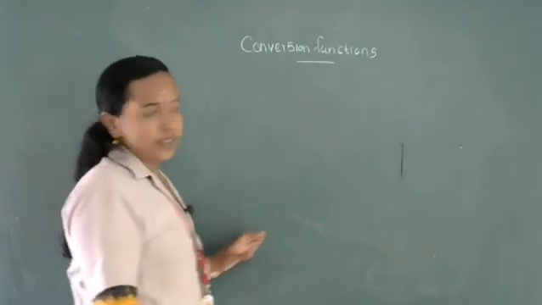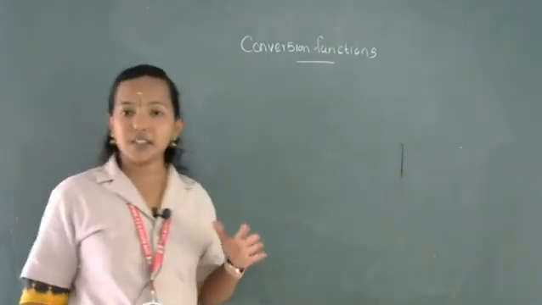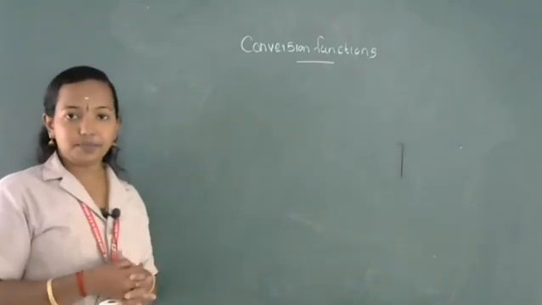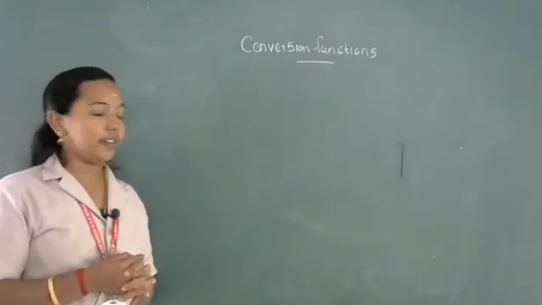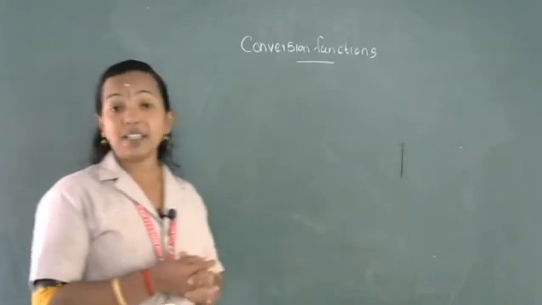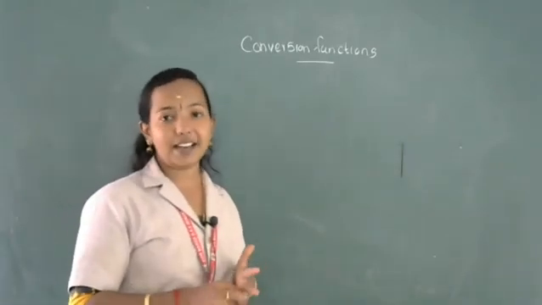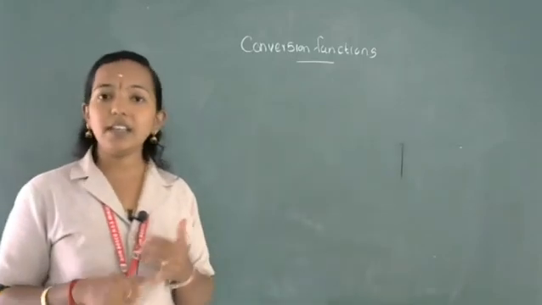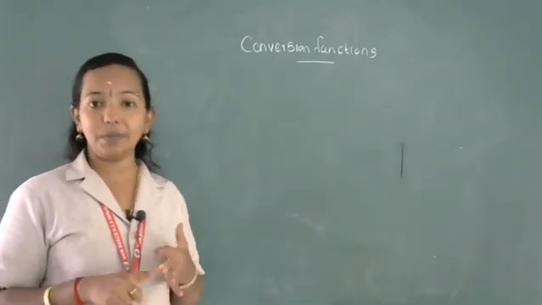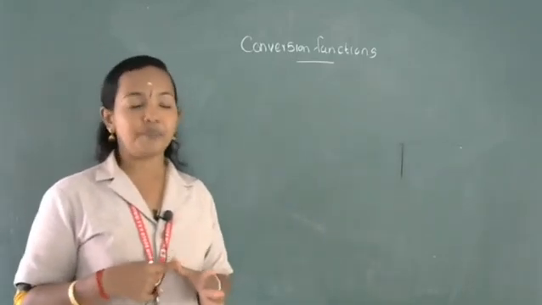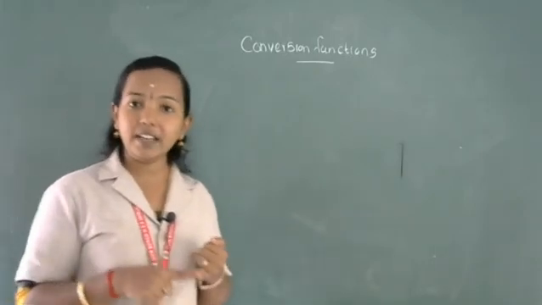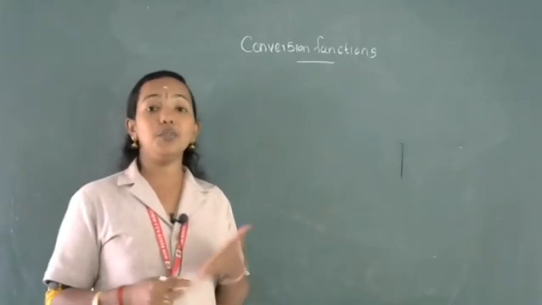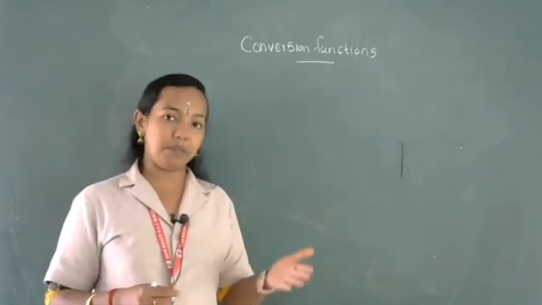Conversion functions are actually used to convert from one case to another. So we know in C++ there are 5 fundamental data types: integer, character, double, float and void. Integer, double, float are all related to numeric values, that means numbers or digits.